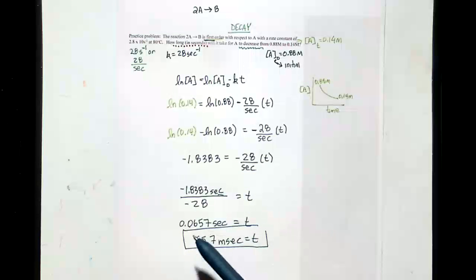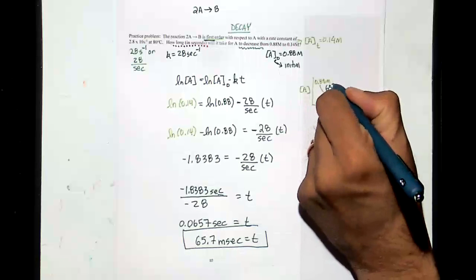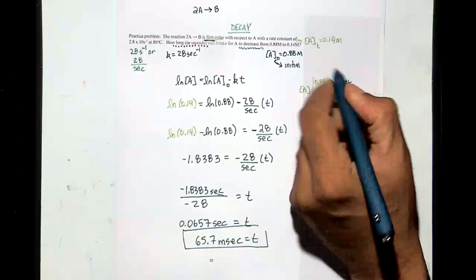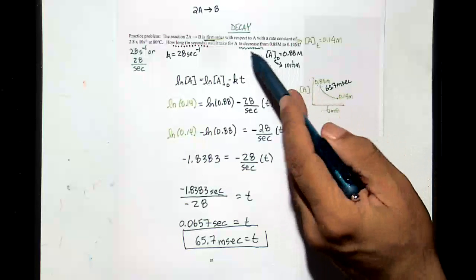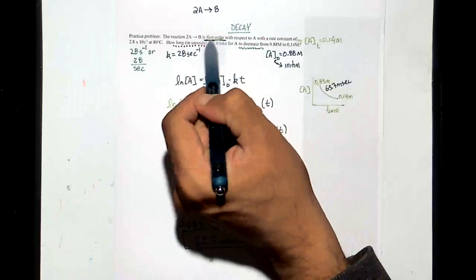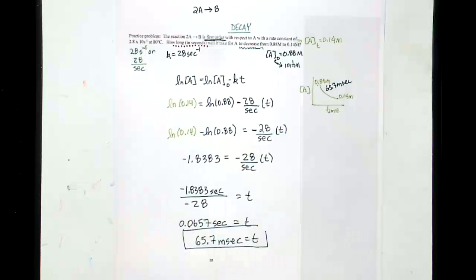The minus cancels, and this is what I got. This is the right answer. You can report this on your exam. If you want it in milliseconds, it's 65.7 milliseconds. So it takes 65.7 milliseconds for A to decay from 0.88 to 0.14, because it's first order decay.